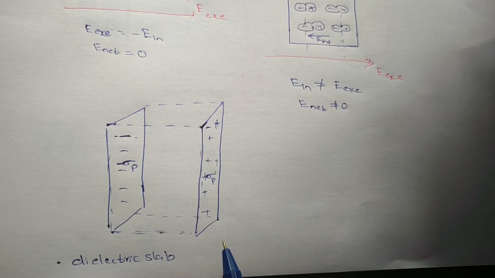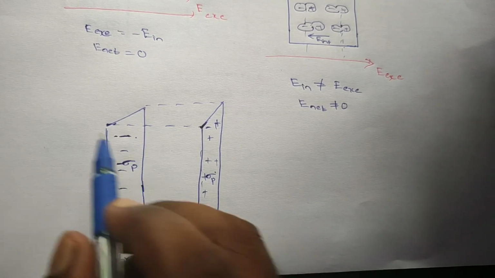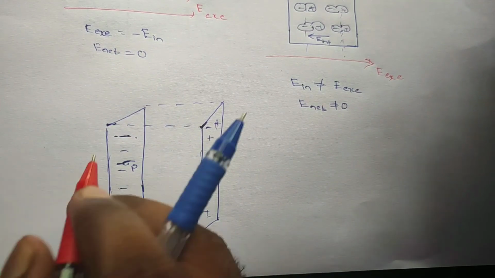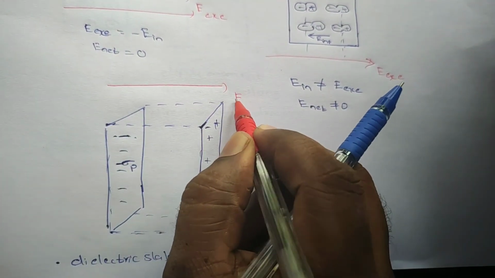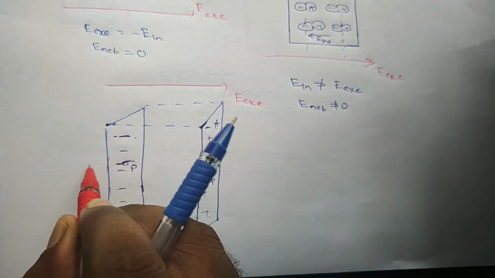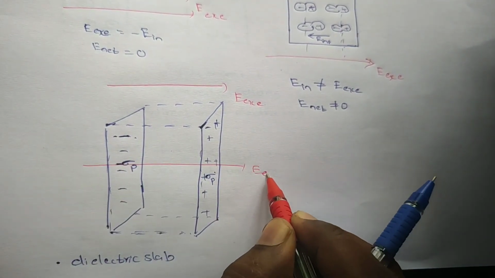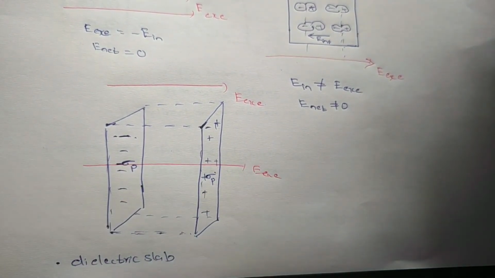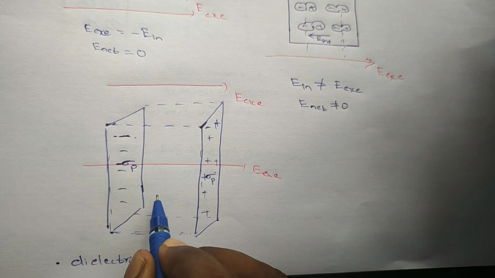This is how the dielectric slab behaves when an external electric field is applied. There is an external electric field here and also here. This is the behavior of the dielectric when the external electric field is applied.